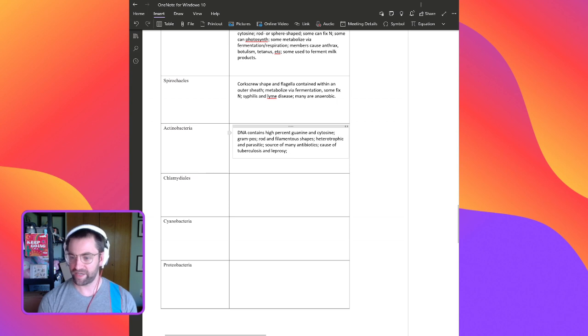So actinobacteria, known to cause tuberculosis and leprosy, and some are abundant soil decomposers. All right, chlamydiales. These are unique because they are spherical in shape and very small.